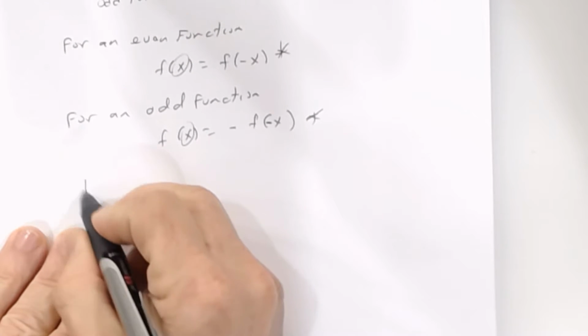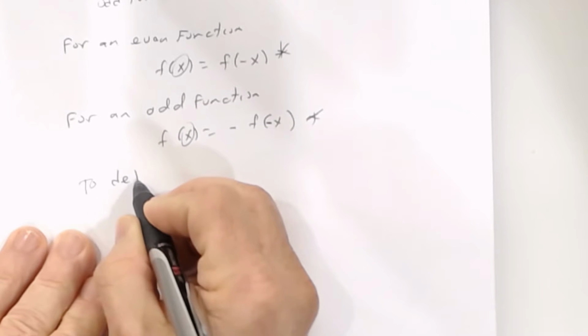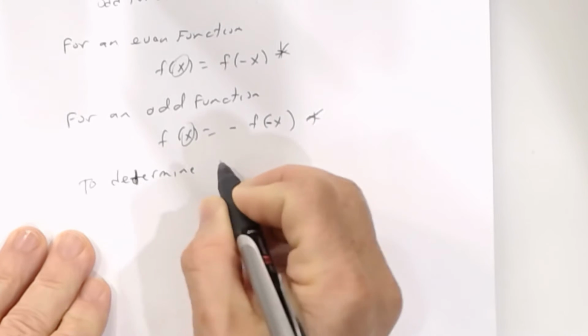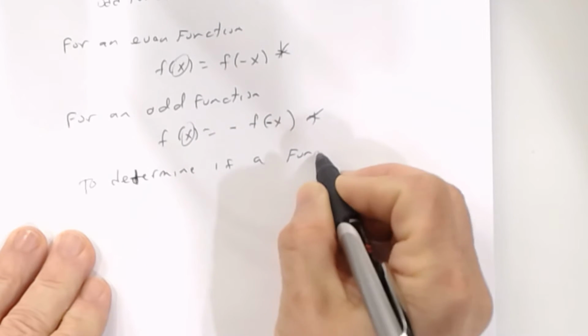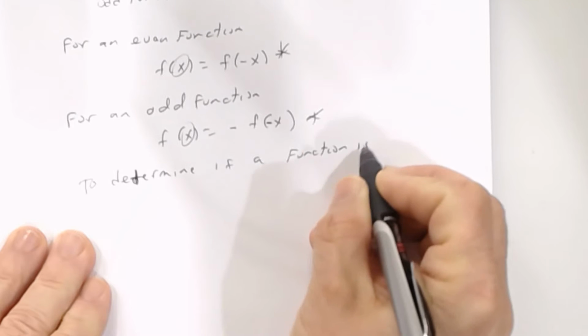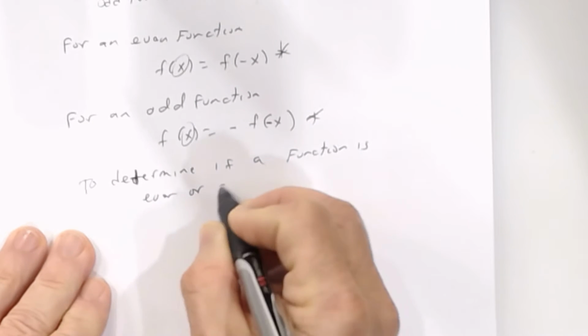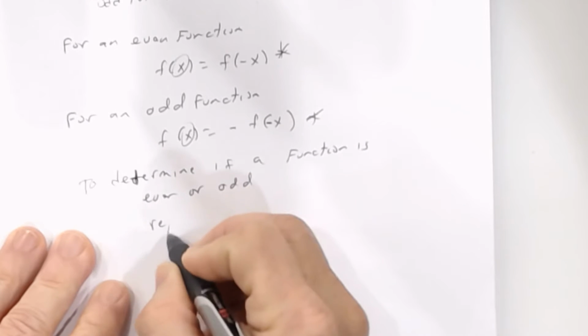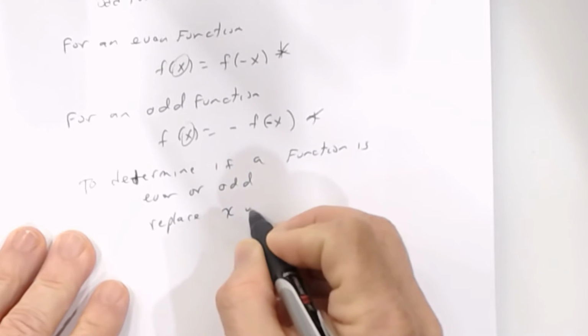So to determine if a function is even or odd, replace x with negative x.